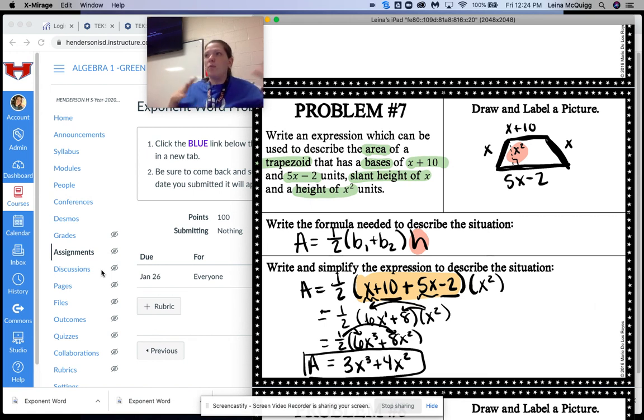I like to compare it to driving to Walmart. If we all left the high school at the same time and were going to meet at Walmart, not everybody's going to go the same way. We might go down 64, we might go down Evenside, whatever. We can all get to Walmart taking a different path, but we should all end up at Walmart. So I'm okay with you figuring out how to solve these problems in the way that makes the most sense in your brain, but just make sure you're getting to the same answer that I'm getting to.